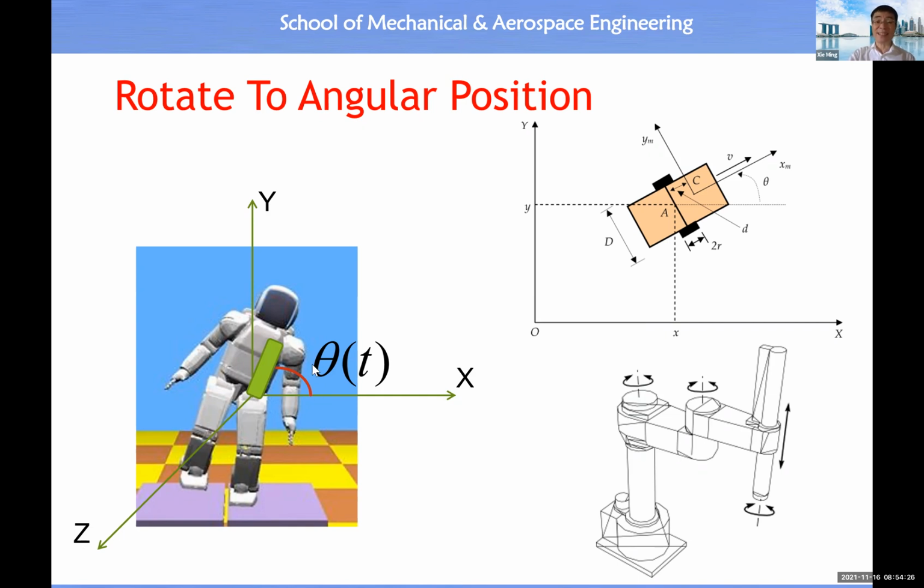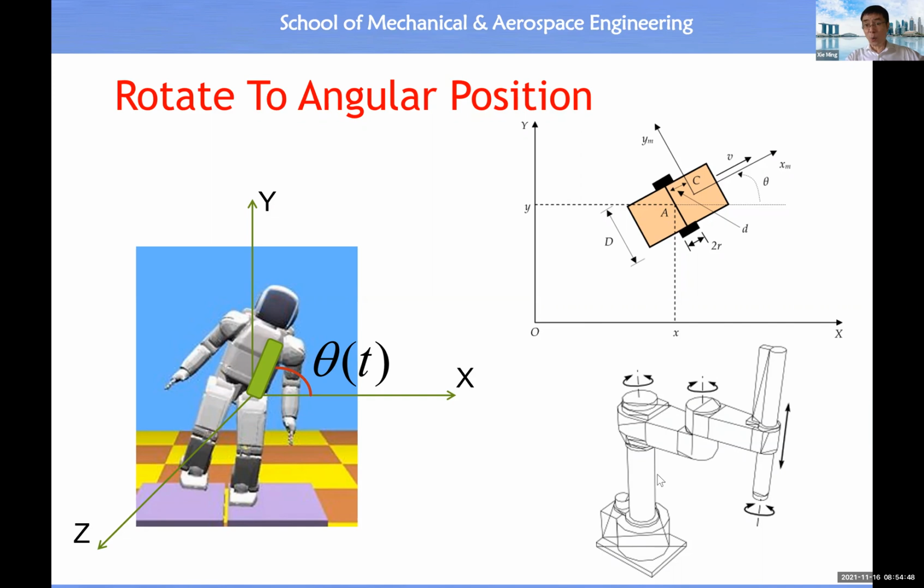Theta t measures the angular position of the upper body of this robot. For this vehicle, the z-axis is perpendicular to the screen, and theta is the angular position of this mobile robot about the z-axis.